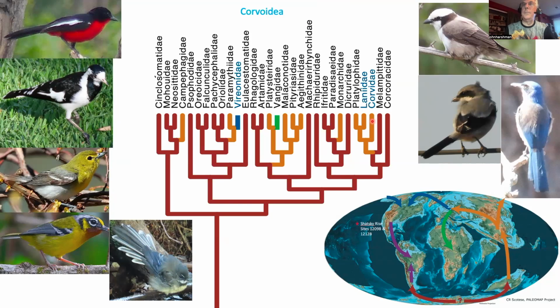The crows made it to Asia. Some of them got to America, but they originated in Asia. Same with the shrikes. Right? So we have three families have made it to America out of all the bunch of families in this large superfamily Corvoidea.